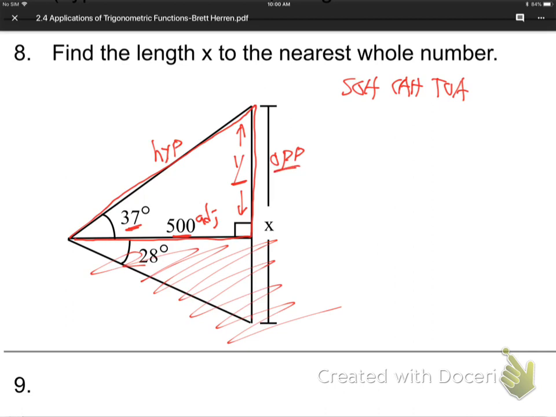So it's opposite and adjacent, that's tangent. It's often tangent, huh? So I'll do it over here. The tangent of 37 degrees is the opposite, which is the Y, over the adjacent, which is the 500.